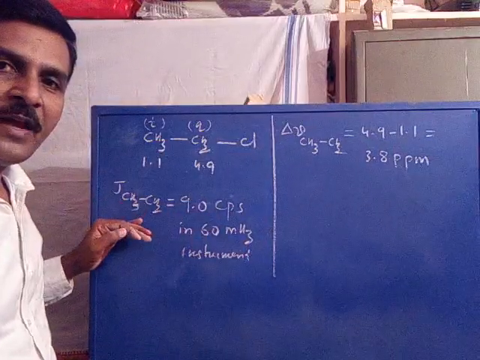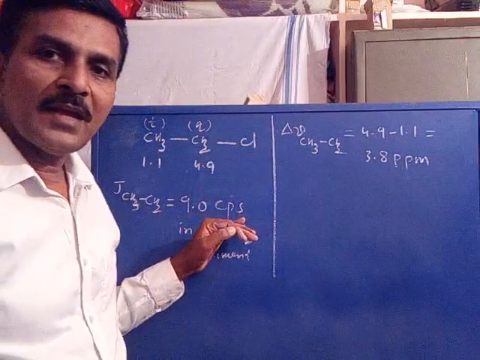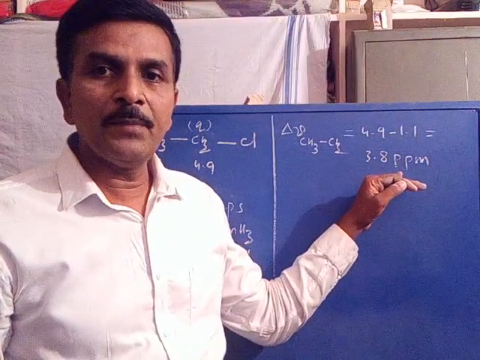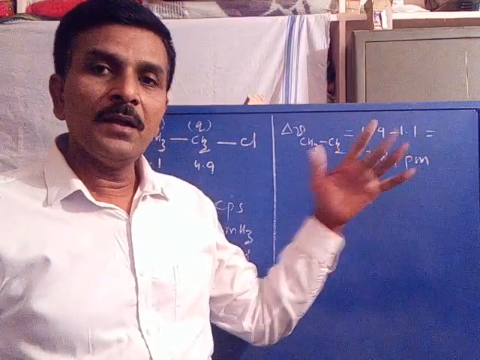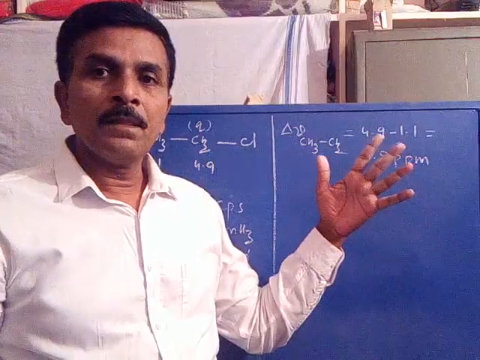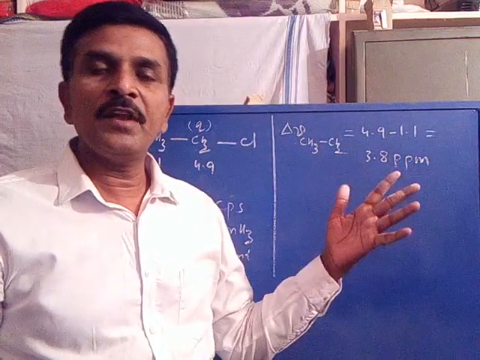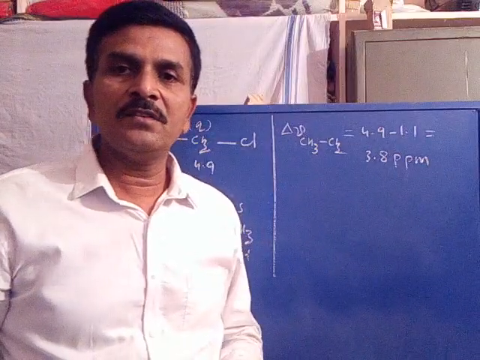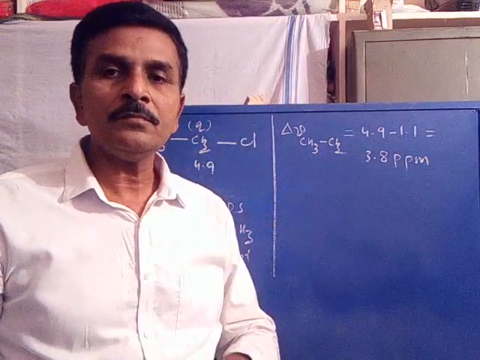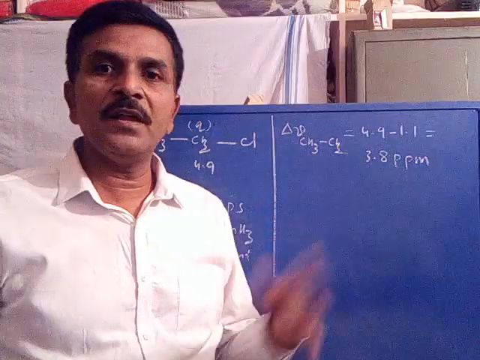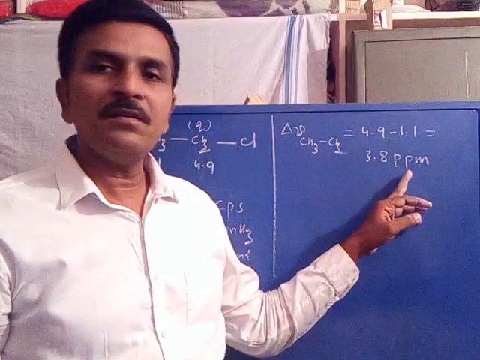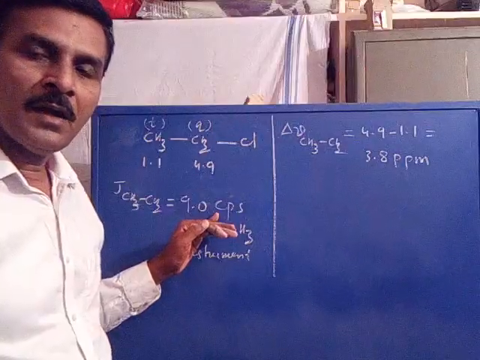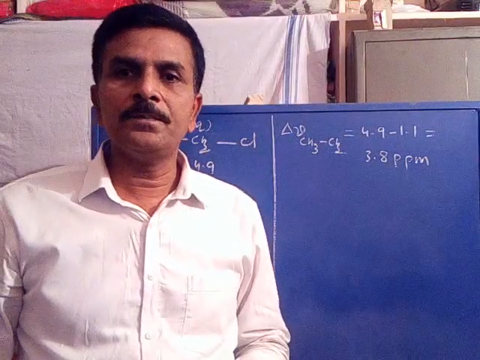Now the J values are given in cycles per second units, but we have the difference in ppm units, as we have plotted the NMR spectrum as a function of absorption frequency on the x-axis and intensity of absorption on the y-axis, where the absorption frequencies were measured in ppm. So the difference is 3.8 ppm, but the J values are given in CPS units.